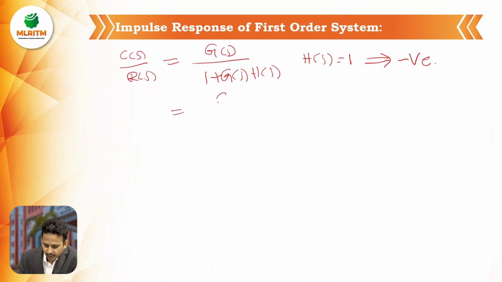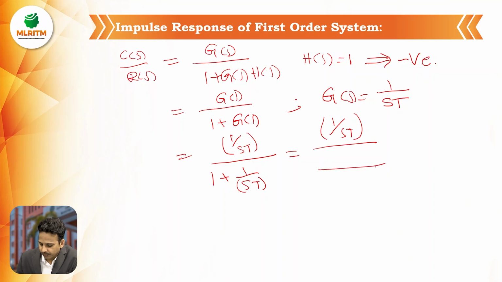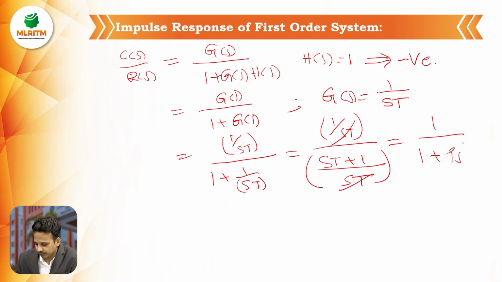So G of s by 1 plus G of s. In the first order system, G of s is given as 1 by s into T. So 1 by sT by 1 plus 1 by sT, which is 1 by sT by (sT plus 1) over sT. So this and this get cancelled, and we get 1 by 1 plus tau s.